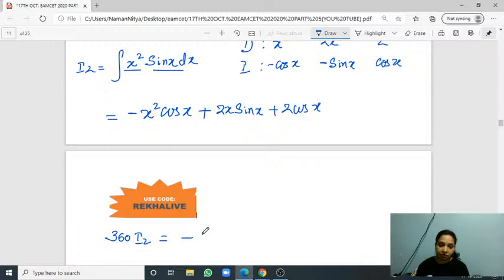I have to multiply by 360: minus 360 x square cos x plus 360 into 2, means 720 x sin x, and plus 2 into 360, that is 720 cos x. So this you give as second equation.